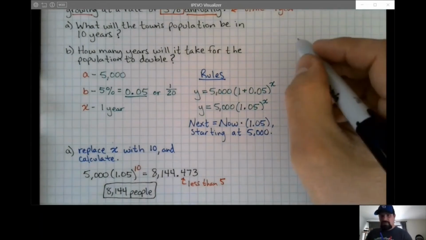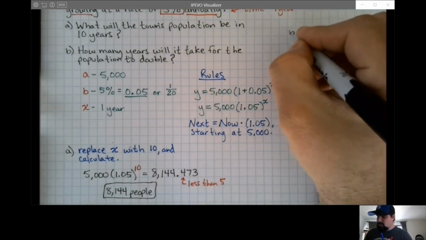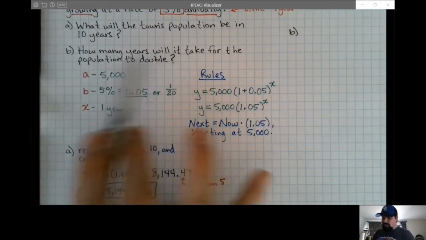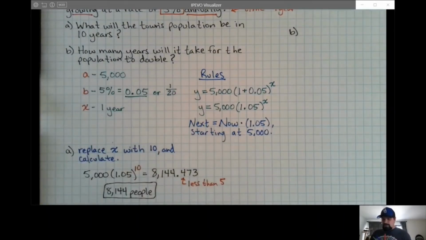Question B, I'll put over here. This says, how many years will it take for the population to double? Right?